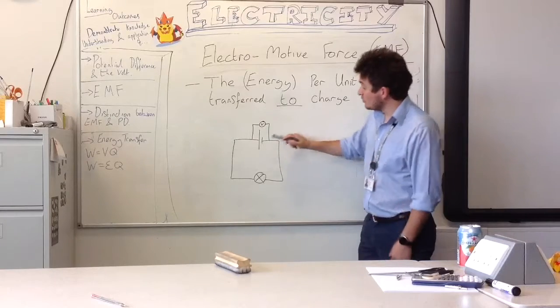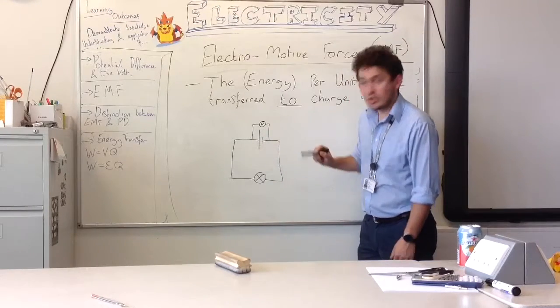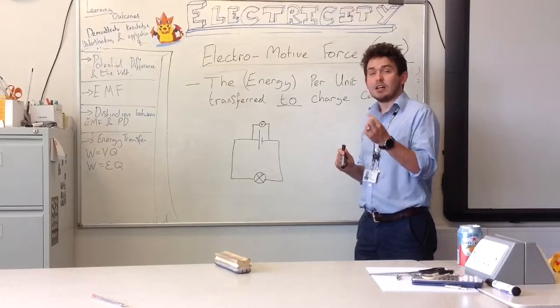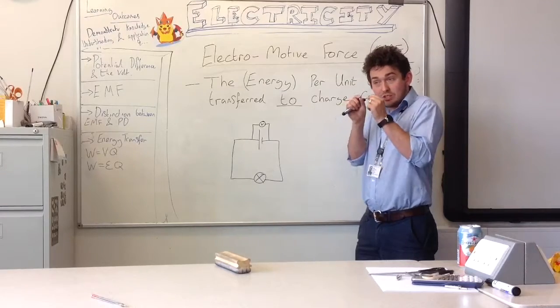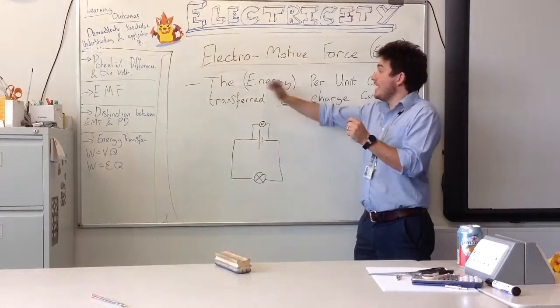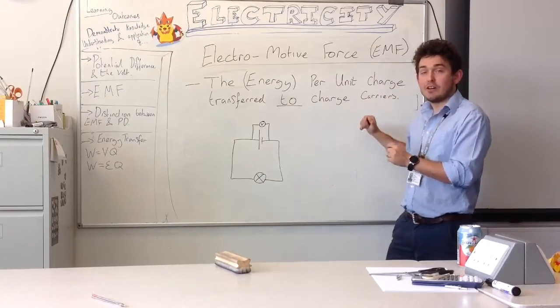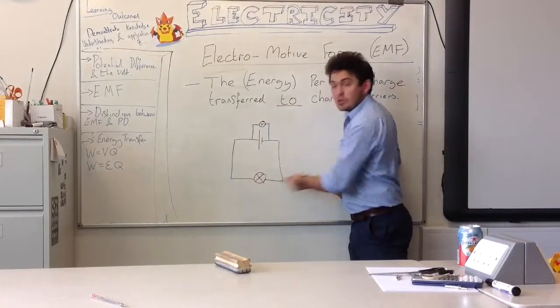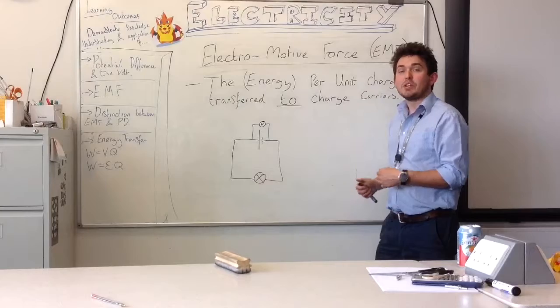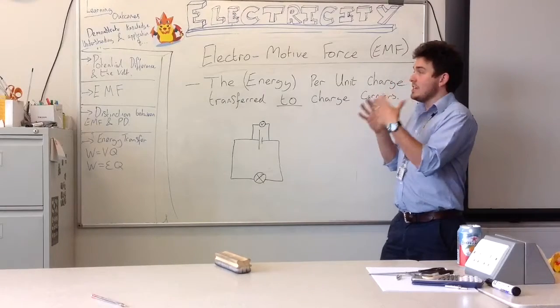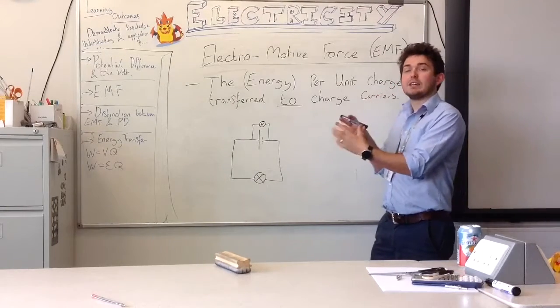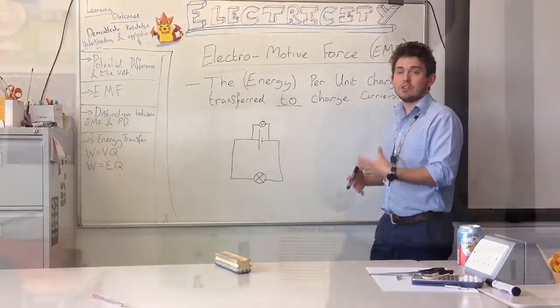So this would be like looking at the potential difference across our cell. What is the supplied energy to our charge carriers for them to use up in the circuit? So we can imagine our EMF is the supply, our potential difference is the user.